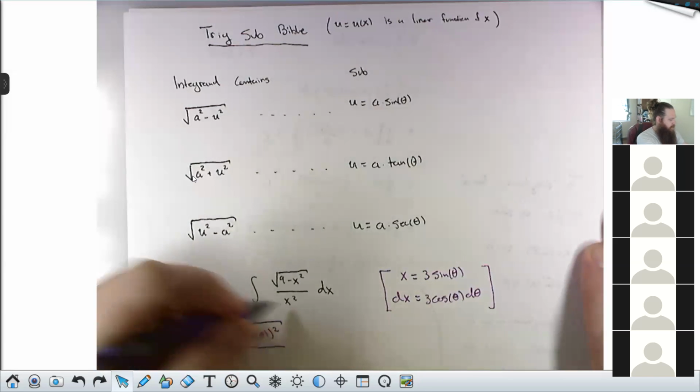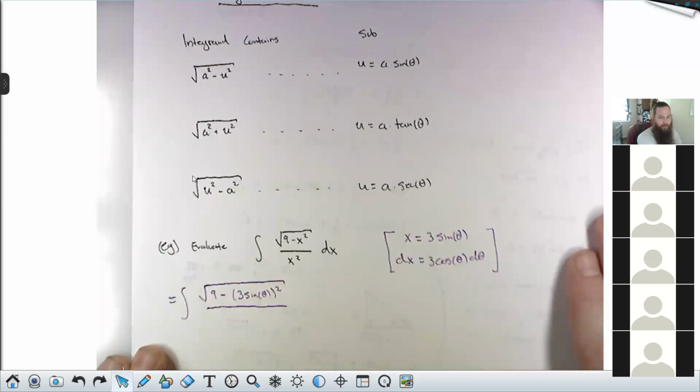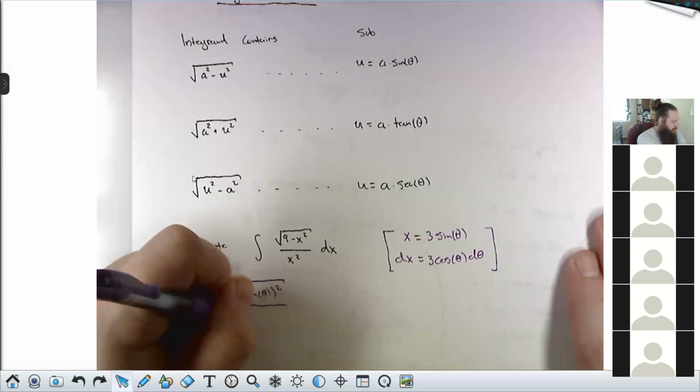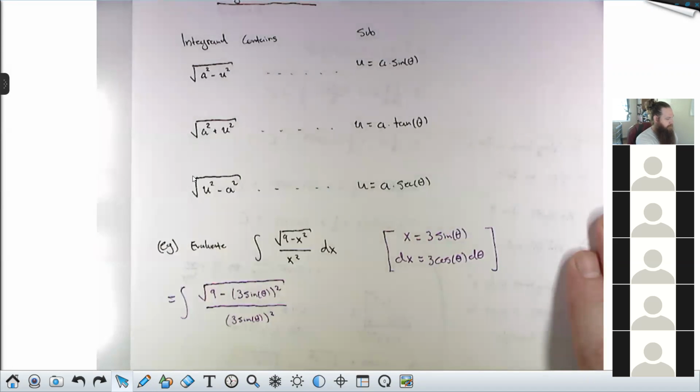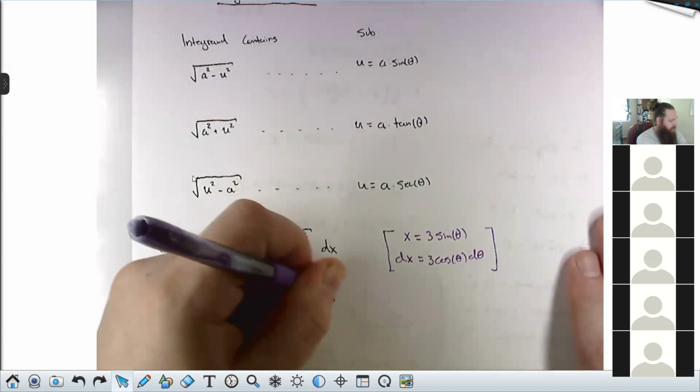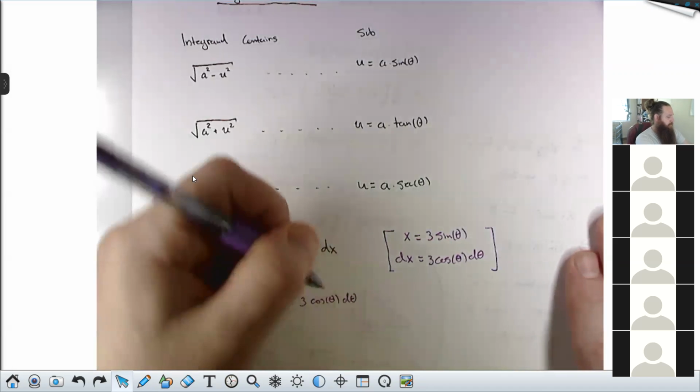And downstairs there, x squared. Well, if x is 3 sine theta, then x squared is 3 sine theta all squared. And then dx, remember, is not just d theta, you need to replace this as well. It's 3 cos theta d theta.